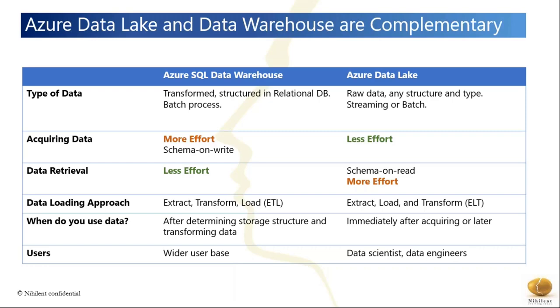There is so much less effort. You probably just pull it out and give it to your reporting applications. On the other hand, because in the data lake your data is raw, you are going to need a lot of effort to retrieve the data from the data lake. So there's a complementary nature. Each has a role to play in a big data program. That's why I thought it's worthwhile discussing this point.